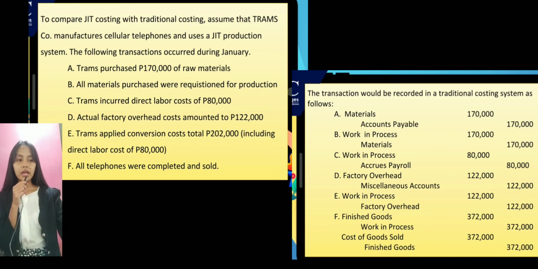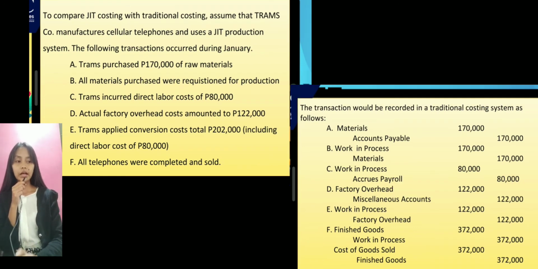So, in letter B, all materials purchased were requisitioned for production. So, yung materials daw po na pinurchase or binili ng Trumps ay ginamit na po for production or sa paggawa ng products ng Trumps. So, we are going to debit work in process since ginamit na po yung materials sa production ng Trumps.